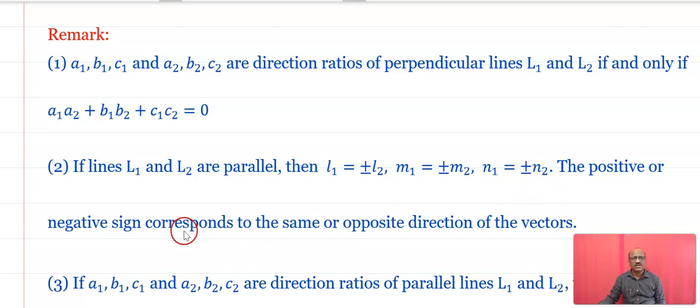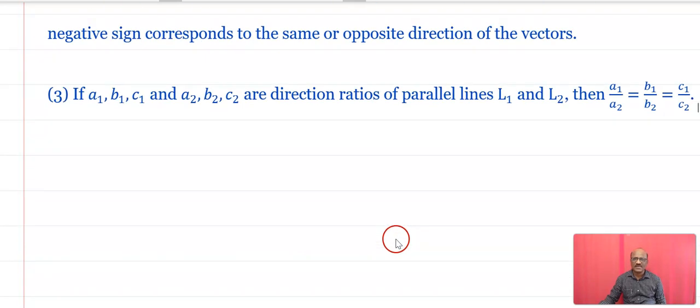The positive or negative sign corresponds to the same or opposite direction of the vectors. Next, if A1 B1 C1 and A2 B2 C2 are the direction ratios of parallel lines L1 and L2, then A1 upon A2 is equal to B1 upon B2 is equal to C1 upon C2. We apply this condition to solve the problems.